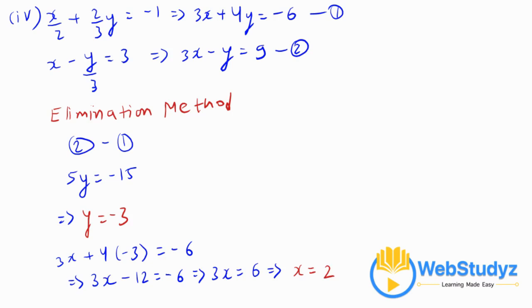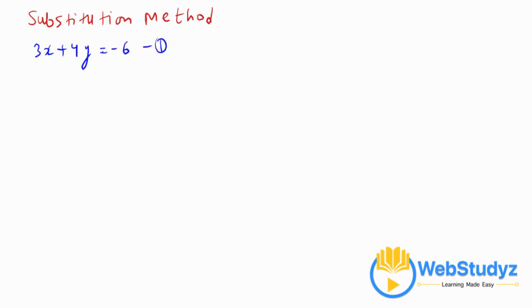Now again solving this using the substitution method. We have equation 1 as 3x plus 4y equals minus 6, and the second equation as 3x minus y equals 9.